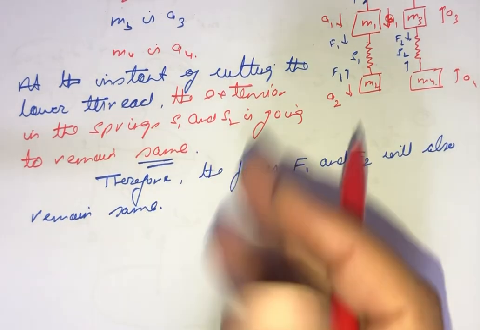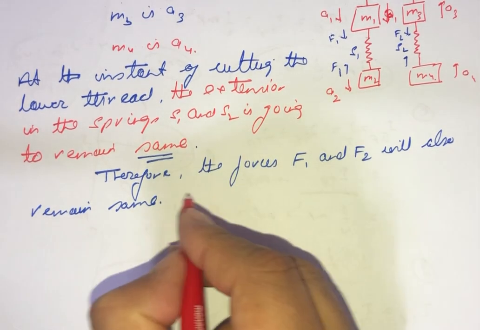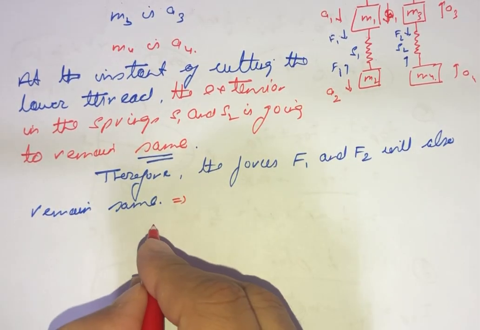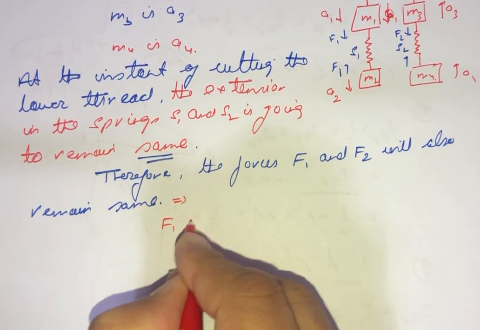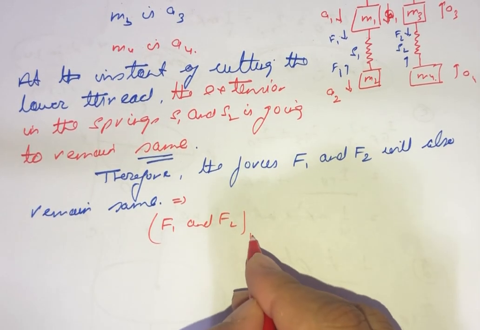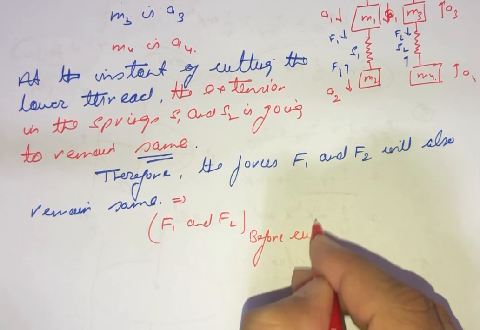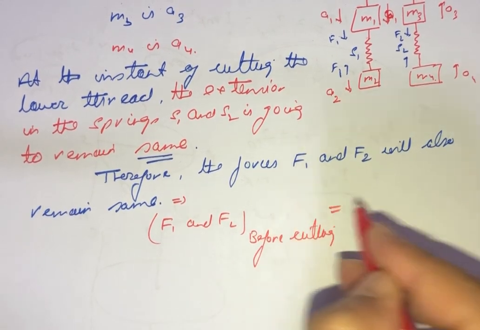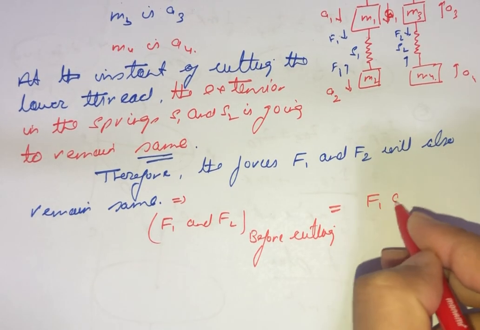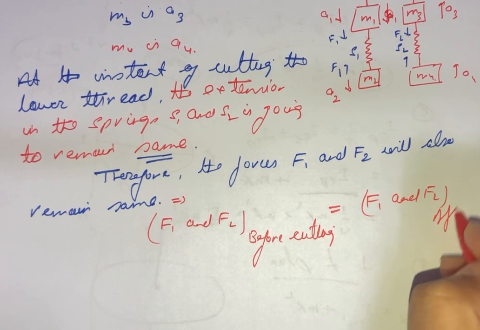So we can use the previous formula for F1 and F2 which we have already calculated. So F1 and F2 before cutting is equal to F1 and F2 after cutting.